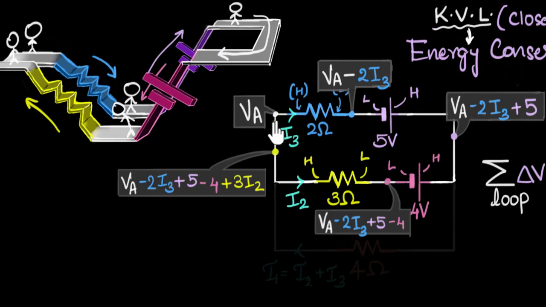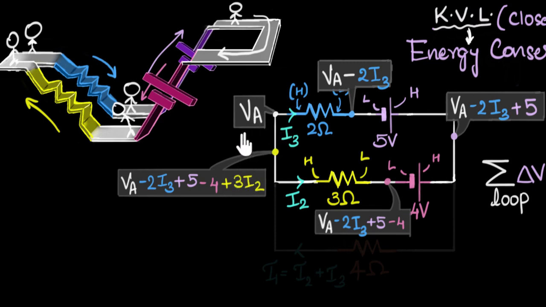Remember, all these have the same potentials, which means this has to equal this. We have come back to the original point. It's like saying if this whole circuit loops back on itself, we have now come to our original height. Whatever height we started with, we have come to the original height. And so similarly, we have now come back to the original potential energy, original potential. And so they have to be equal to each other.